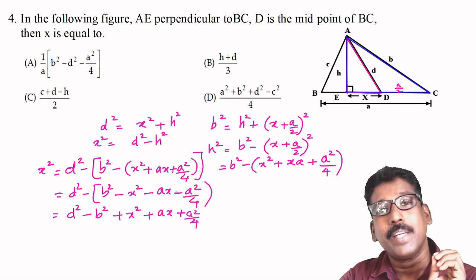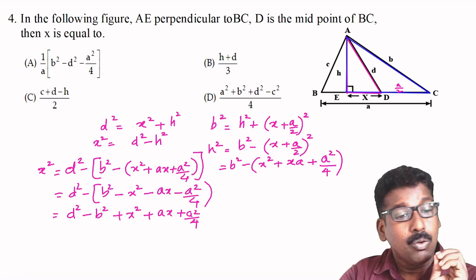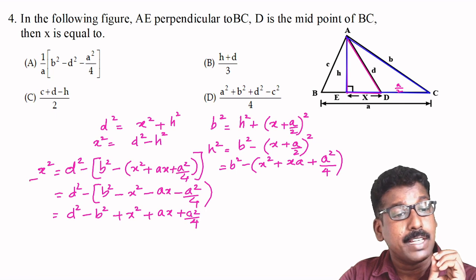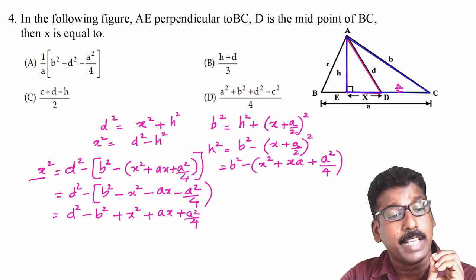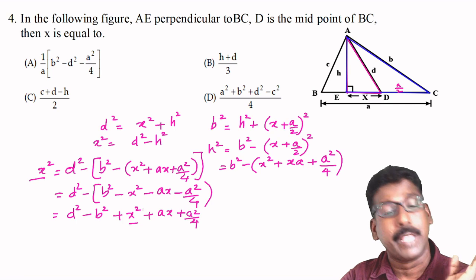Now, on both sides x square is there, so while transposing, x square minus x square will be cancelled.